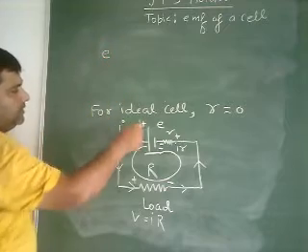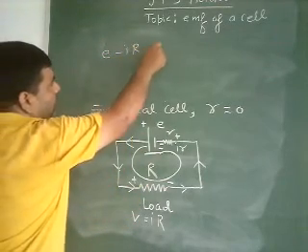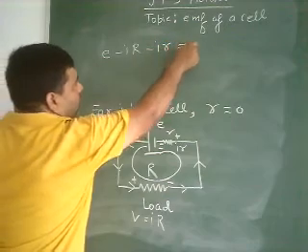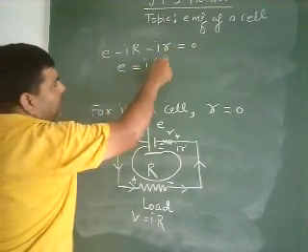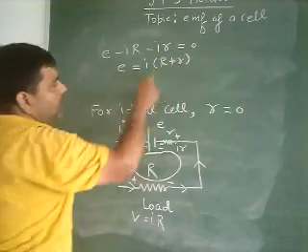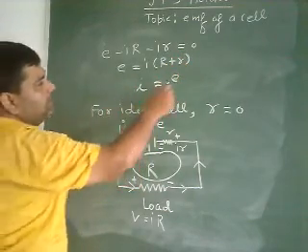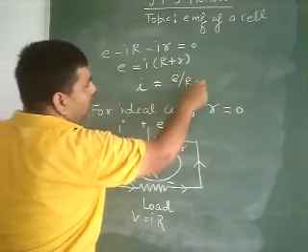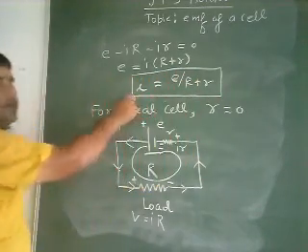So E minus IR minus Ir gives you 0. So E is equal to I times R plus r. This gives you I is equal to E upon R plus r. This is the circuit current.